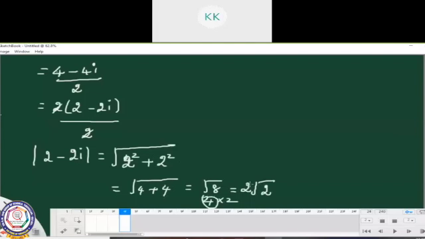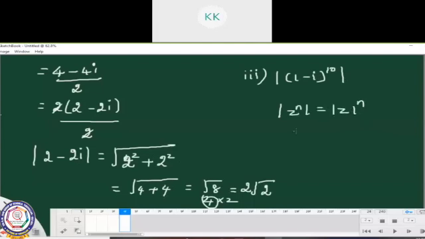Next, the third sum. Third sum is modulus of 1 minus i, the whole power 10. We already saw that modulus of z to the n equals modulus of z, whole power n.